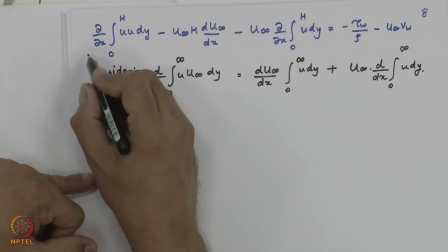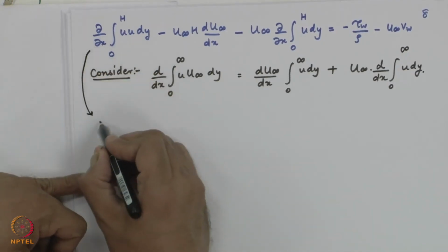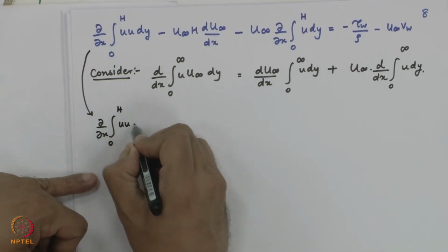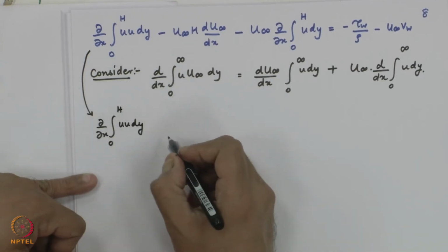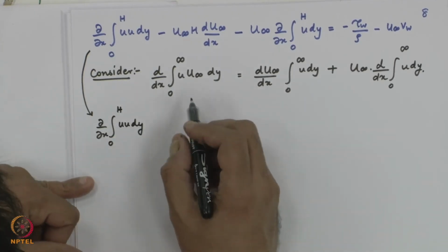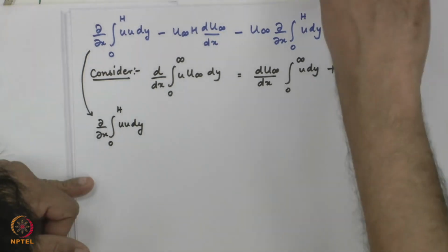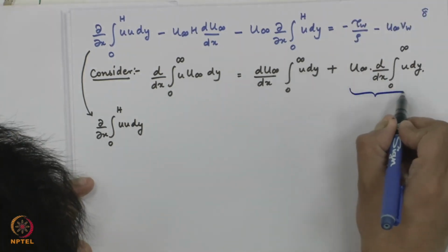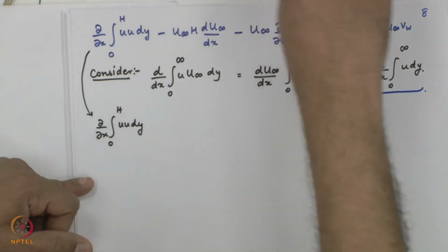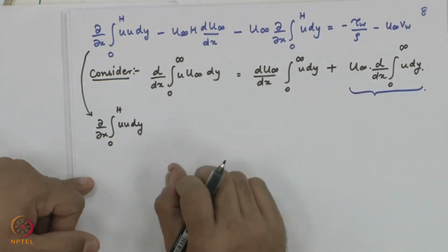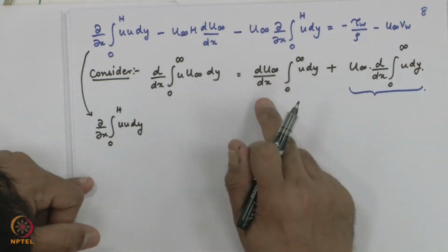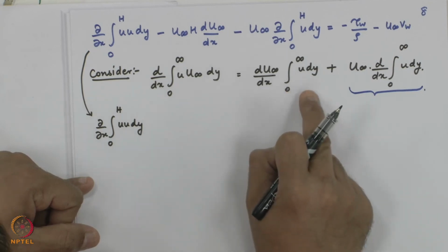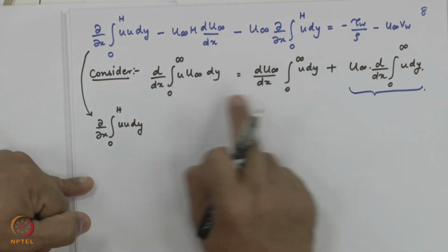So, I will write now this as d by dx of integral 0 to infinity u squared dy. Why am I going to use this? This term is there. Where is this going to come? du infinity by dx u dy.